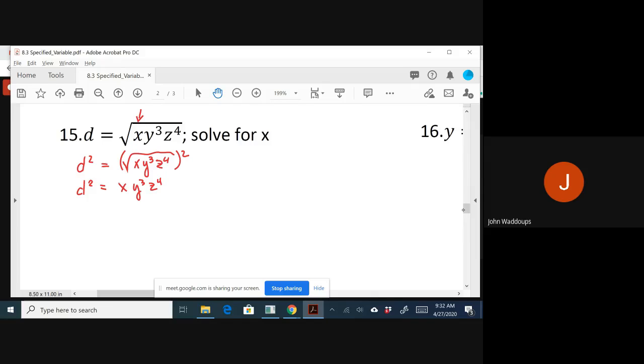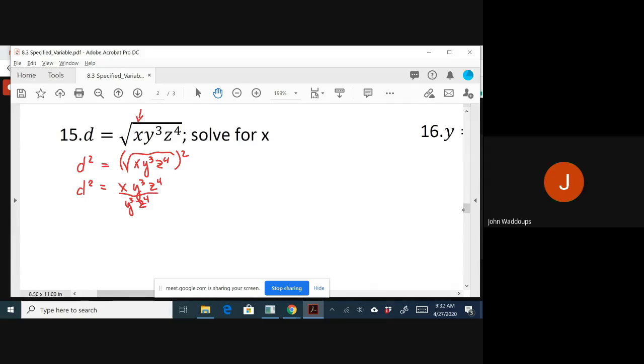Now we've got x, and it's in this term with y cubed and z to the fourth, and the operation that unites all three of those letters and their exponents is multiplication. And so the opposite of multiplying is dividing, so we're going to divide by both y cubed and z to the fourth.